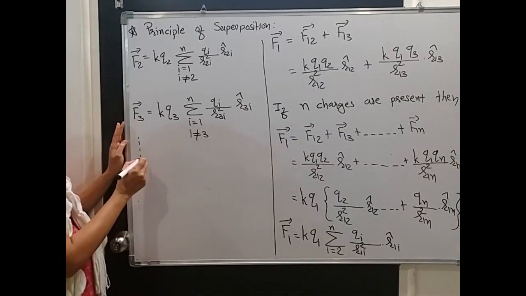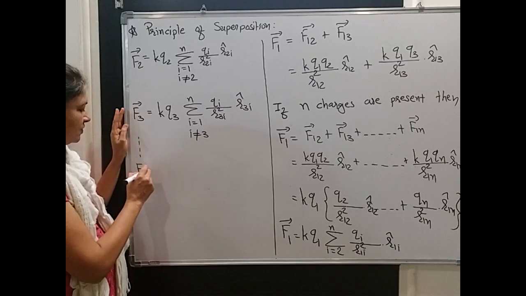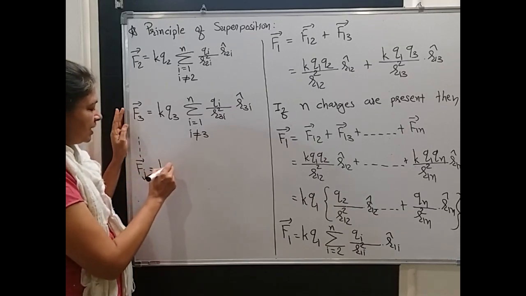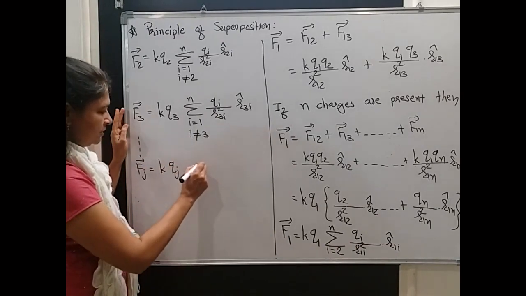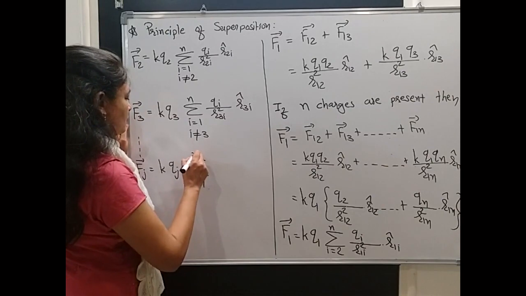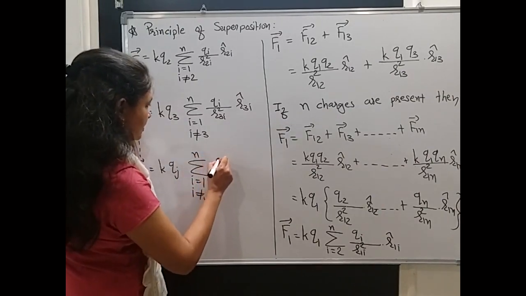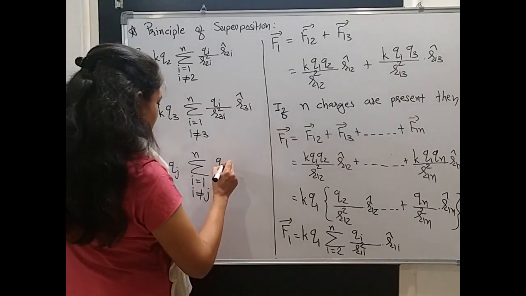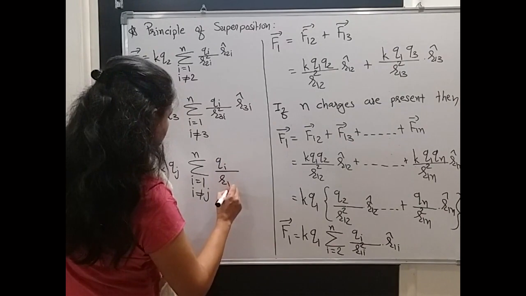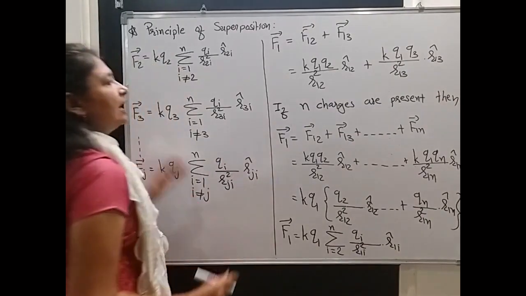Similarly, the force acting on the jth charge, very generalized, is equal to K Qj summation i equal to 1 to n, but i should not be equal to j, then Qi upon Rji square into unit vector Rji.